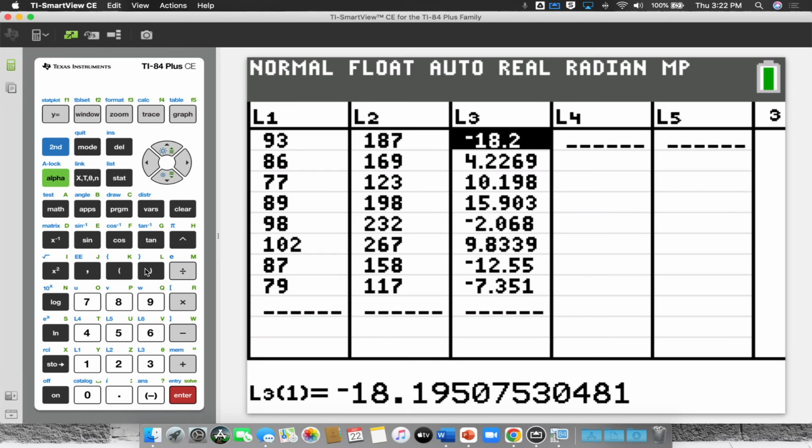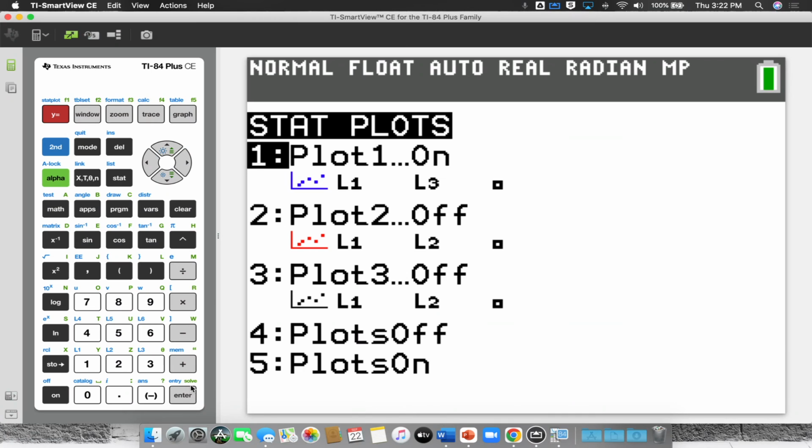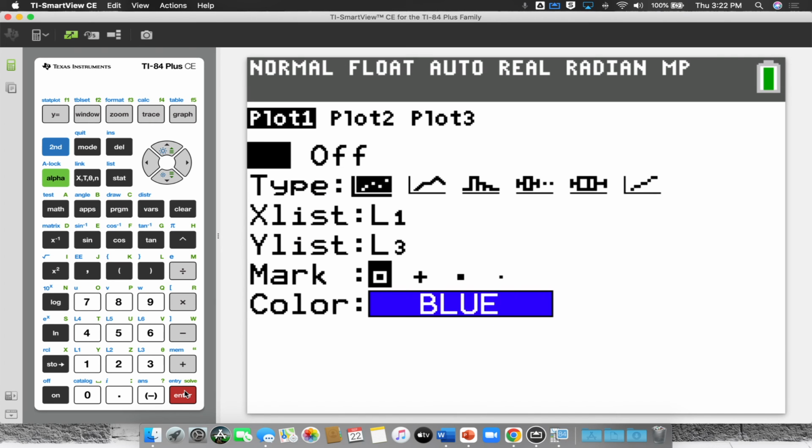So now I want to plot. I go to stat plot, make sure it's on, and make sure it's on scatter plot. Make sure it's on L1 and L3 for me. If you're not in L1 and L3, change it to wherever you're at.